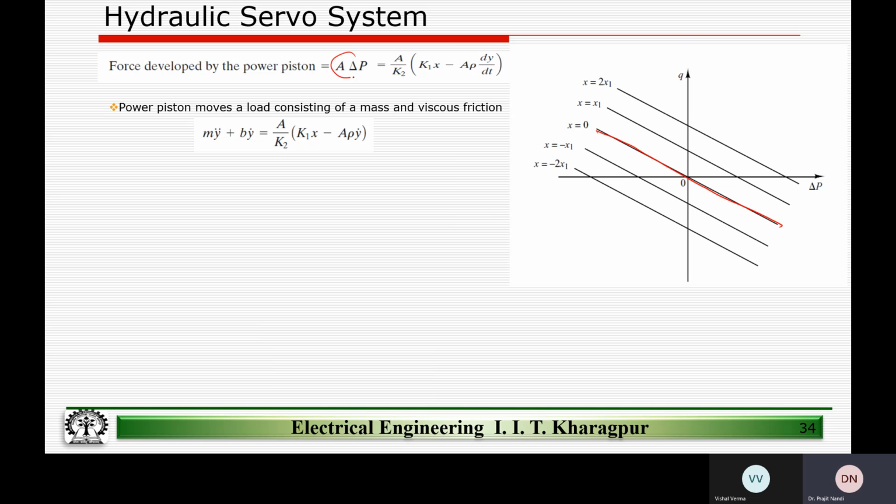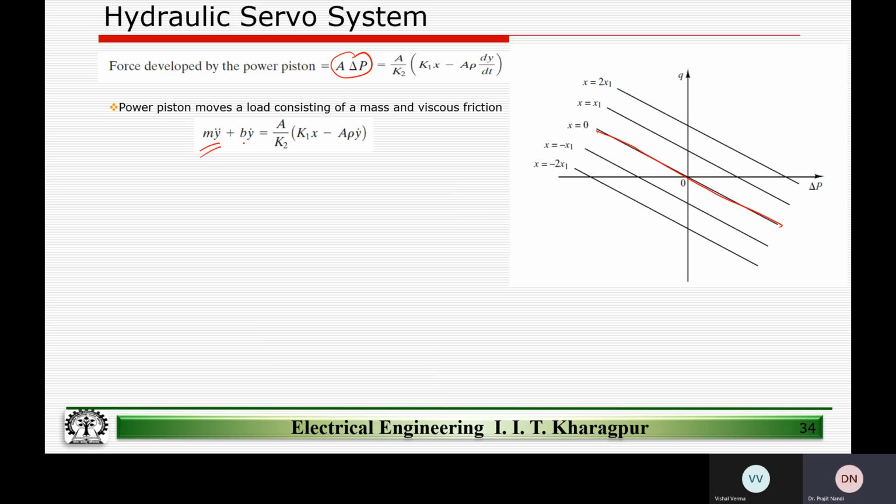Now this is the force that we are equating. This force is what is available for us to move the mass m, and the fact that the mass m is moving by y means the inertial force experienced by it is given by m y double dot. Let's say the mass will have some friction, since it is kept on a surface, and that will have a damping coefficient.